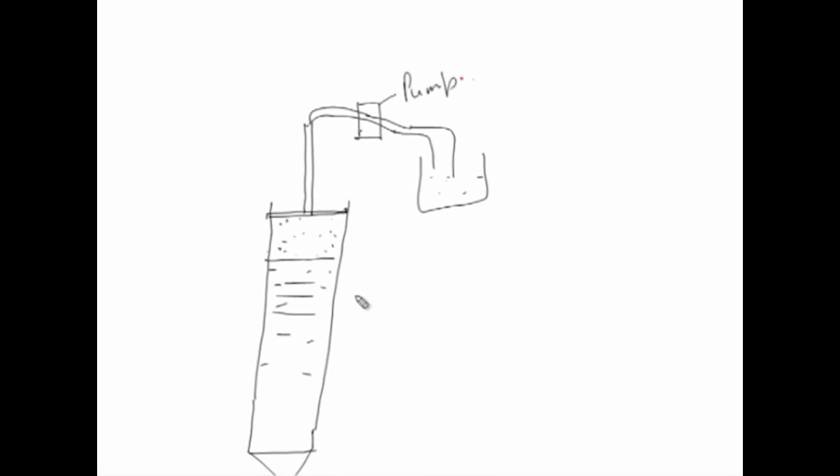Now, how do you load your sample? One way is, if you have a lot of sample, as in ion exchange chromatography, it could be directly loaded through a peristaltic pump. Another method is to remove the top plunger or cork, and then remove the mobile phase from here very slowly without disturbing the stationary phase bed.